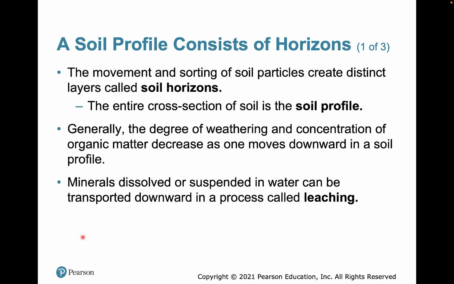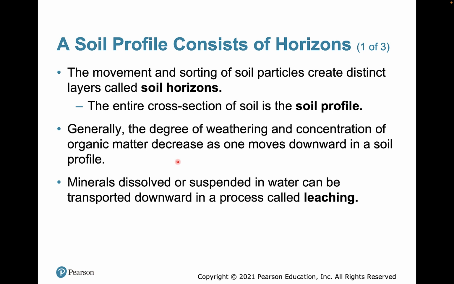So if you look at soil, right, and you cut down in a cross section in the earth, soil and the movement of particles in that soil create distinct horizons. When you cut down into the earth, you get something called a soil profile, all right? So the degree of weathering and concentration of organic matter decreases as you get further down in the soil profile.